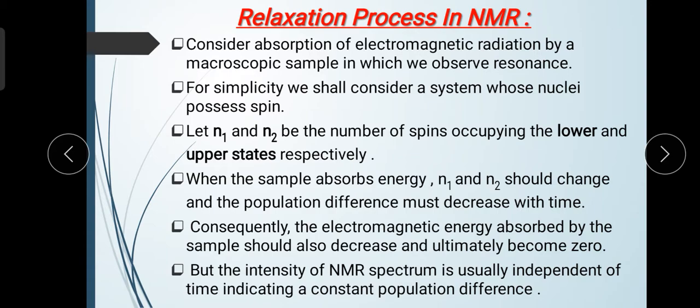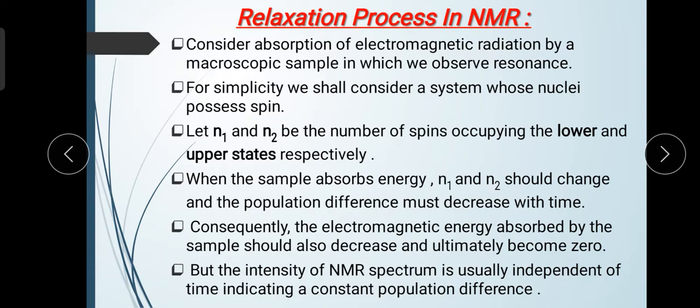That means this sample needs a particular arrangement to observe or study it, but here in general we consider the macroscopic sample so that we can make some assumptions to study the relaxation process in NMR. So consider the absorption of electromagnetic radiation by a macroscopic sample in which we observe the resonance.